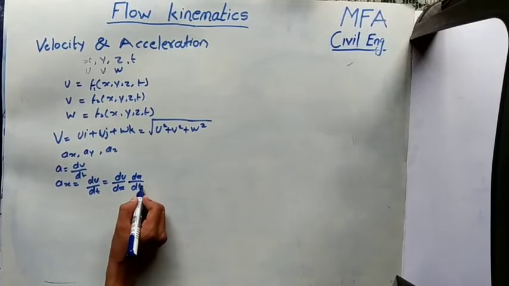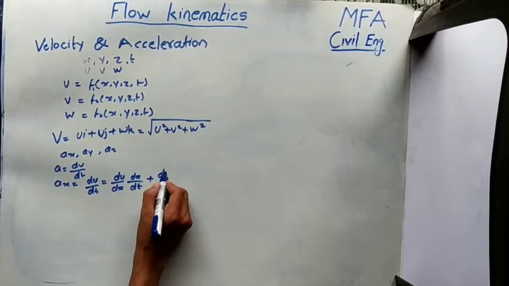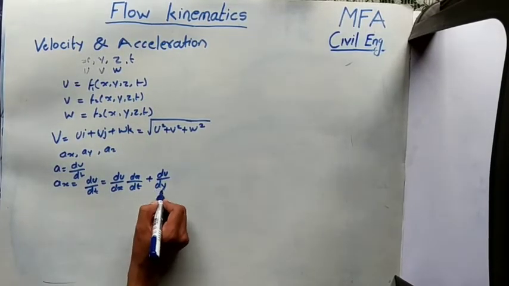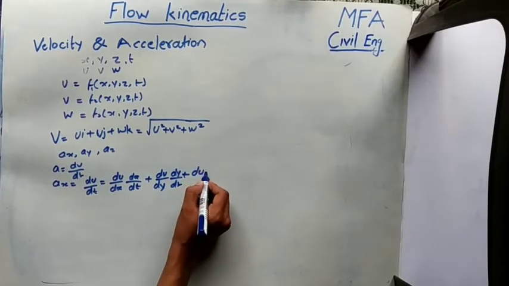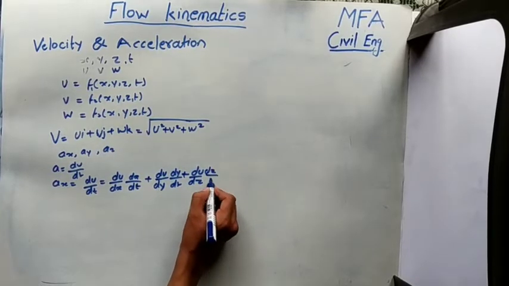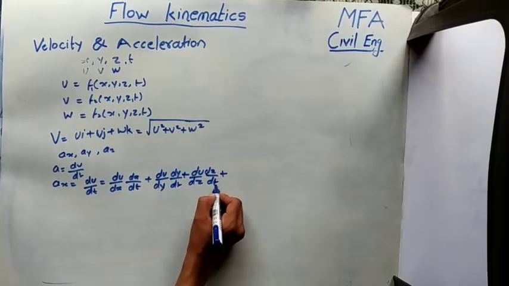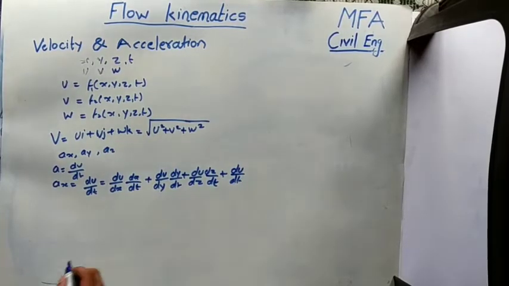As the velocity is a function of three space coordinates, it can be written as du by dy into dy by dt plus du by dz into dz by dt plus one time coordinate term, that is du by dt.